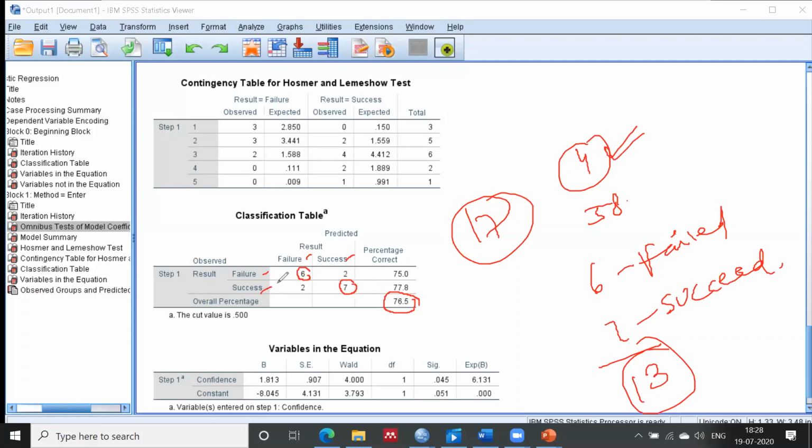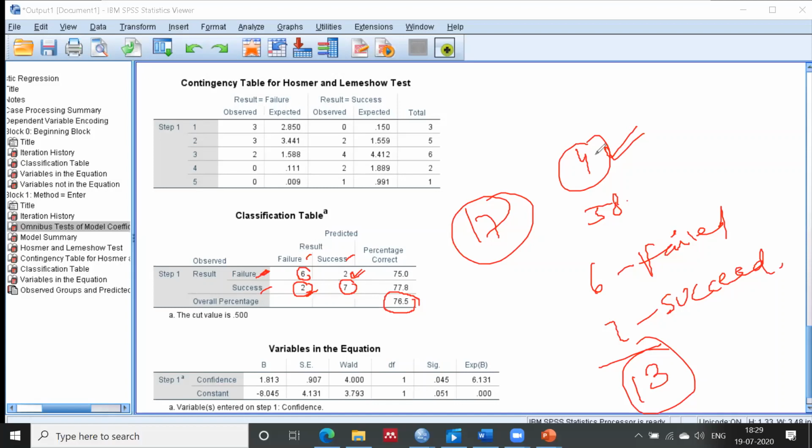For 2 students I predicted failure, but they have succeeded. In the other case, I predicted 2 students would succeed, but now what I observed is they have failed.